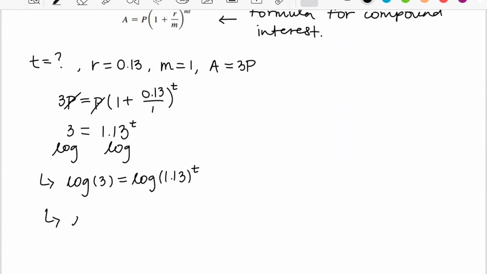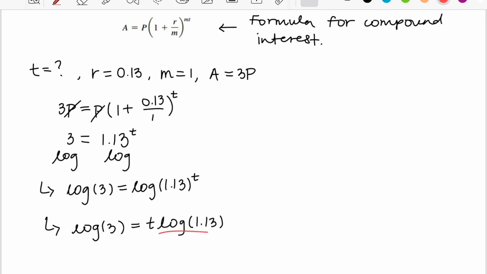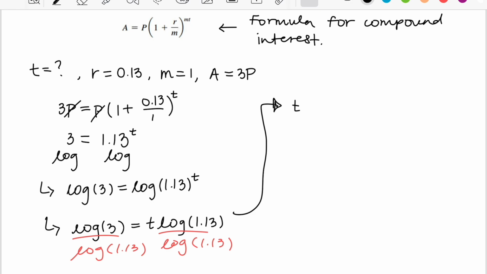So we can rewrite this as t times log of 1.13. And then all we have to do is solve for t. So we'll divide by log of 1.13 on both sides here. So then t is equal to log of 3 divided by log of 1.13.